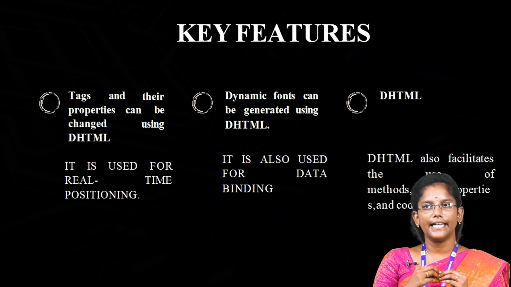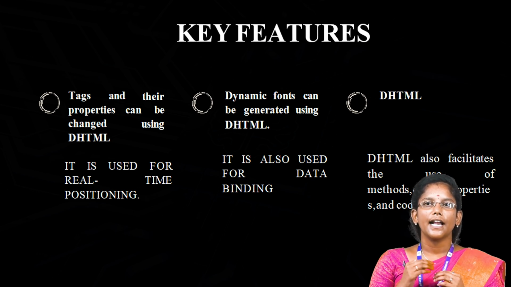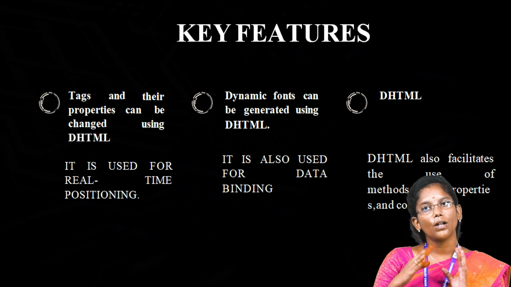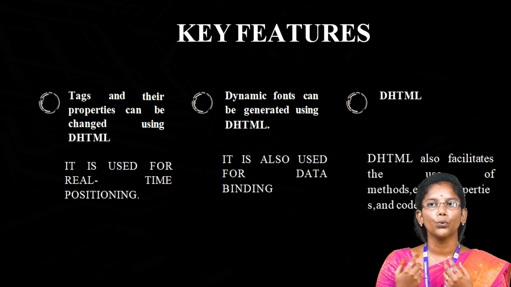DHTML also facilitates the use of methods, events, properties and codes. Why do we use DHTML? DHTML makes a web page dynamic, but JavaScript also does. The question arises: what difference does DHTML make?